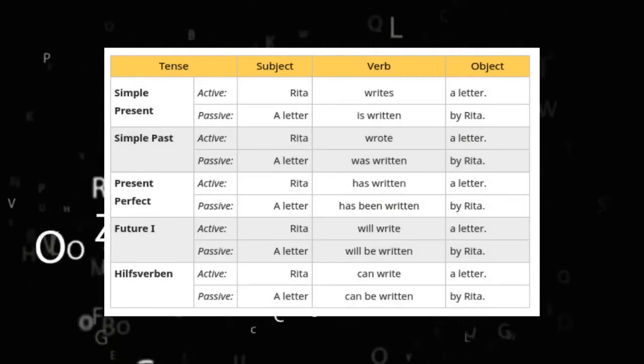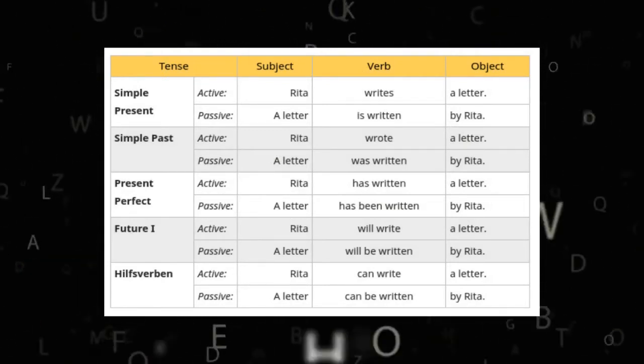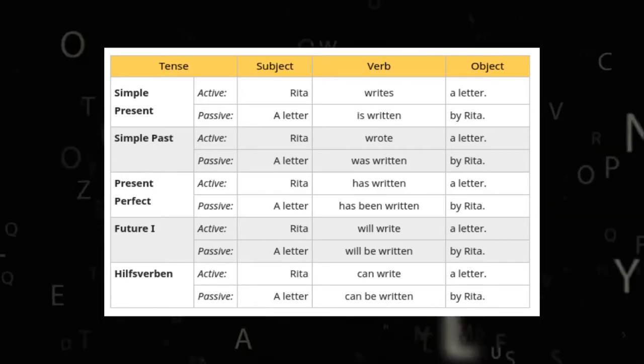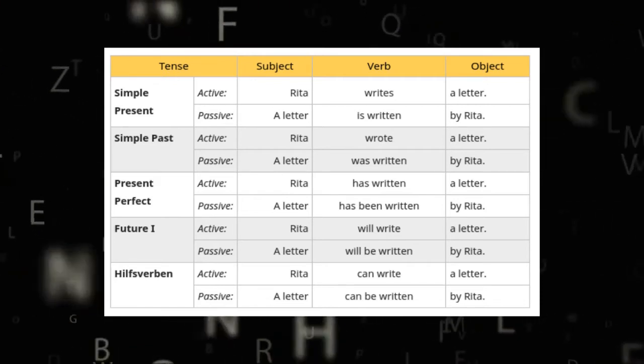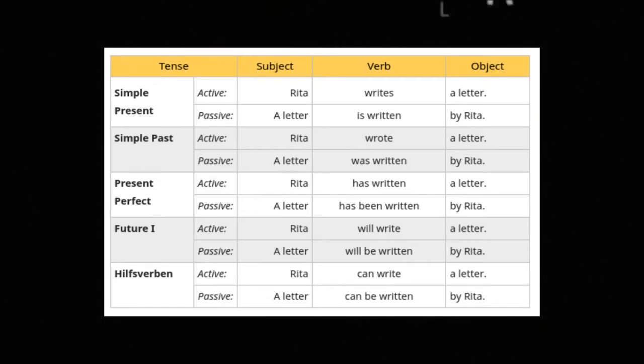So here we've got Rita, she's still writing letters. In the simple present tense, we've got Rita writes a letter. Passive version, a letter is written by Rita. Very straightforward. We've got simple past, Rita wrote a letter. In the passive, a letter was written by Rita, so we're changing the subject.